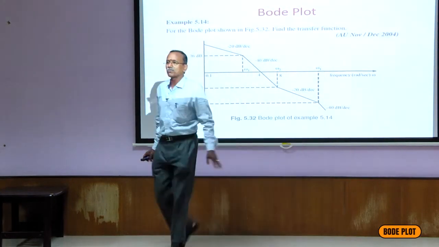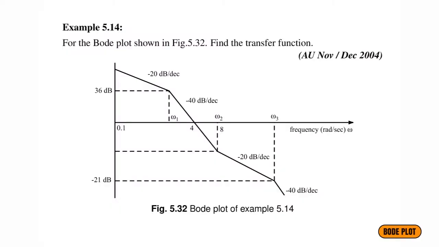The sum is over. We know omega 1, omega 3, and we need k. Omega 1 equal to 0.5 we got. The magnitude here we also know: 36.